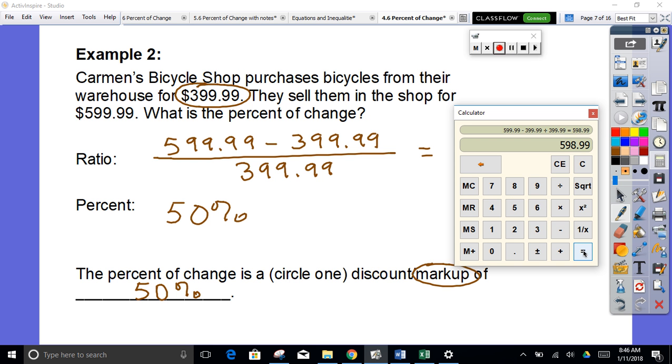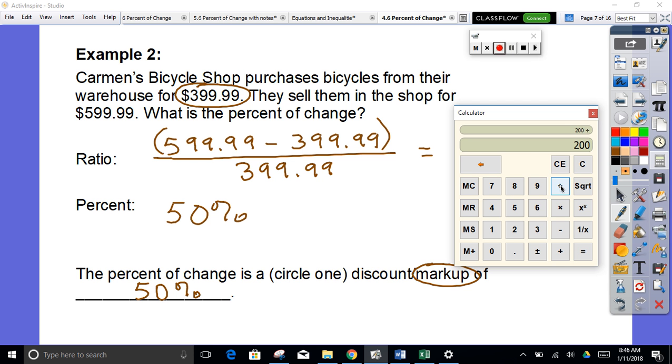You have to make sure you do 599.99 minus 399.99. Equals, you have to make sure it's like this is in parentheses, and your calculator has to do the parentheses first, or it will do it in the wrong order.